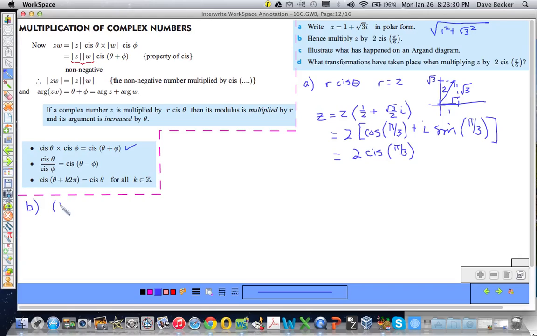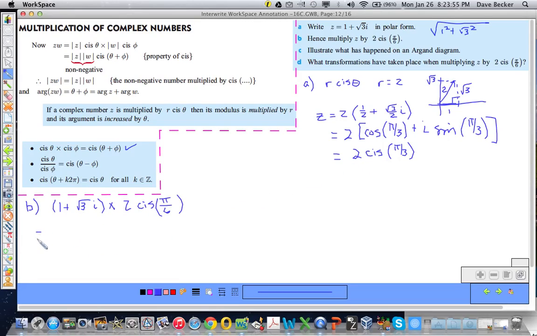So I'm going to take z, 1 plus root 3i, times what they want me to multiply it by, 2 cis pi over 6. Well, we need to get them in the same form, and we already wrote 1 plus root 3i as 2 cis pi over 3.